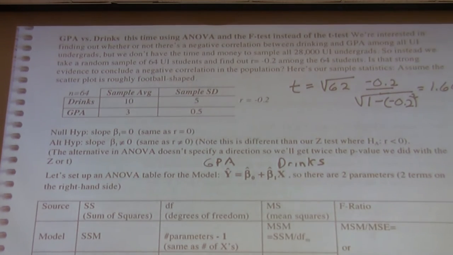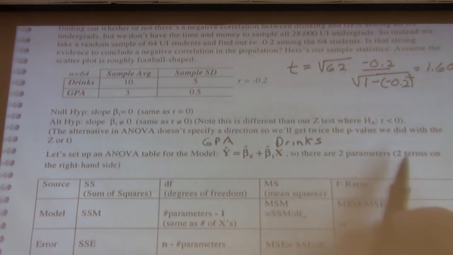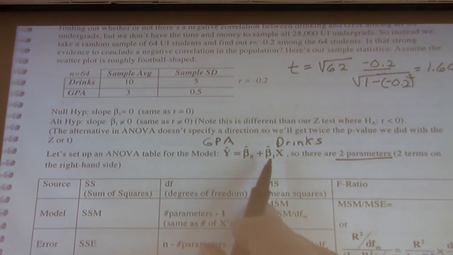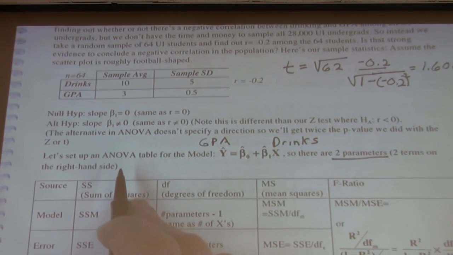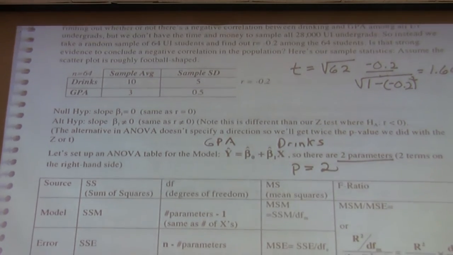We have two parameters in this model: we're estimating an intercept and we're estimating a slope. There are two terms on the right-hand side, so our P, our number of parameters, is equal to 2.